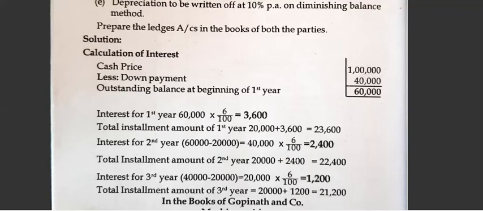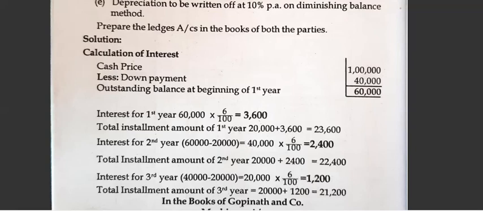It is very easy: just write the cash price less down payment, then on what is remaining calculate interest first, then from the next year onwards deduct the installment amount, that is the principal amount. 60 minus 20, on 40 calculate interest. From next year 40 minus 20, on 20 calculate the interest. The installment amount will be 20 plus interest, here 20 plus interest, here 20 plus interest.